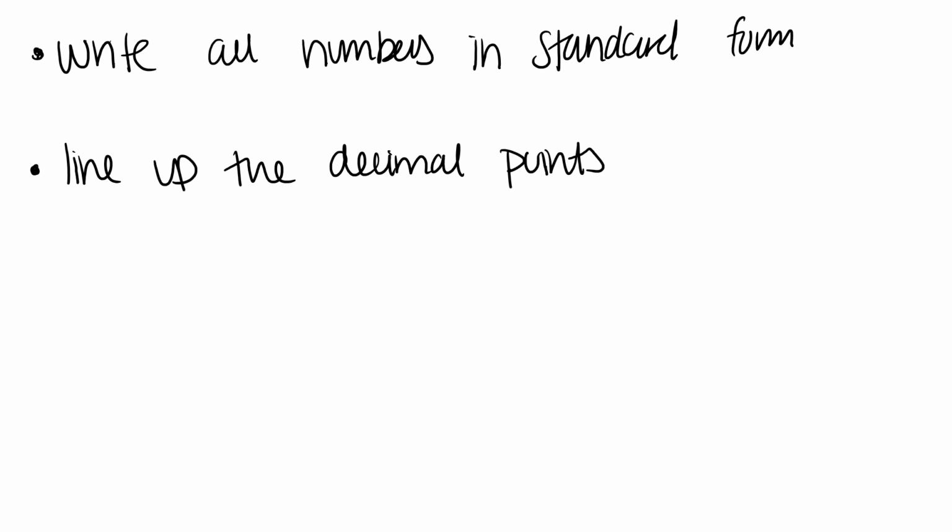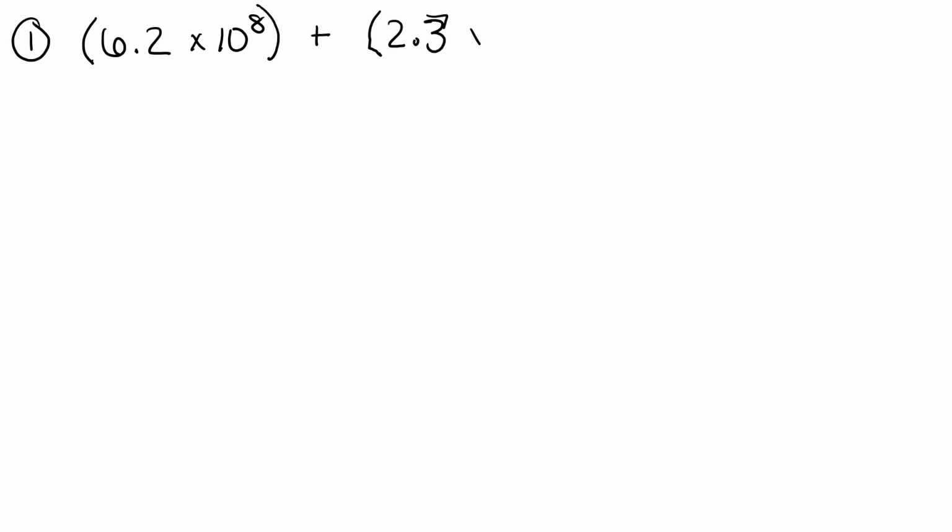We're going to do 10 examples in this video. In example number 1, we're going to have the equation 6.2 times 10 to the 8th plus 2.3 times 10 to the 7th. So we're going to start with the 6.2. We're going to move the decimal 8 times because that's my exponent.